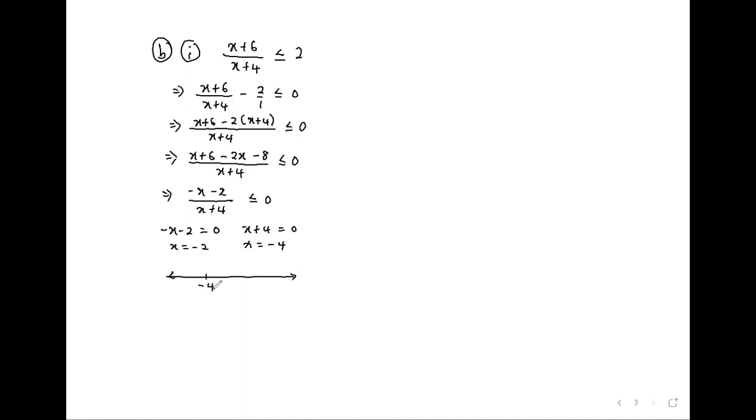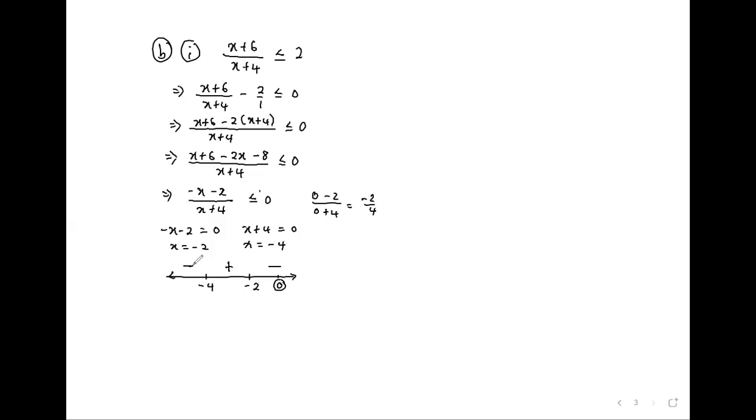Having -4 and -2, we will find 0 in this region. So we can substitute 0 for x to get (0 - 2)/(0 + 4), which is -2/4. This tells us the sign: here it is plus, here it's minus.